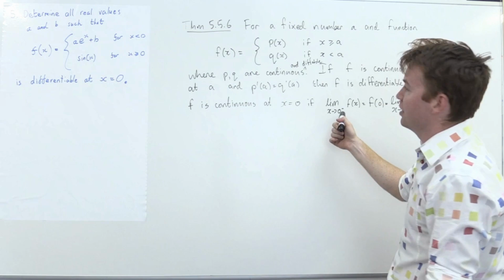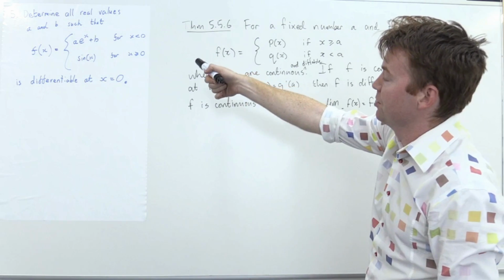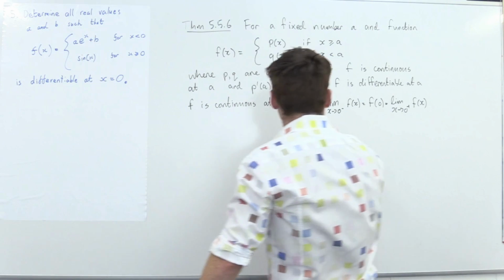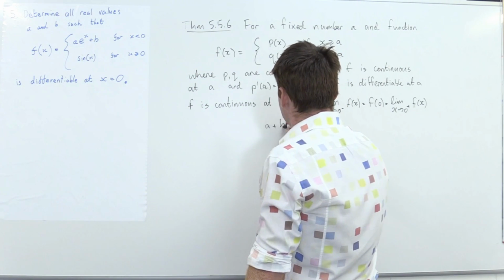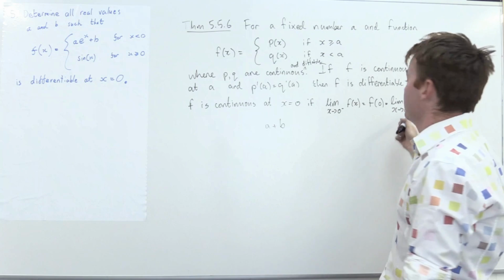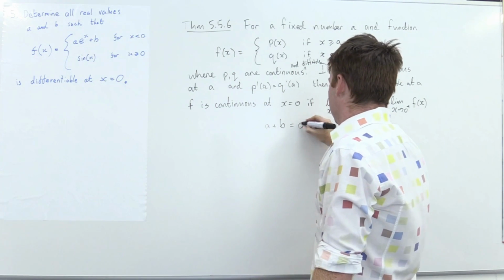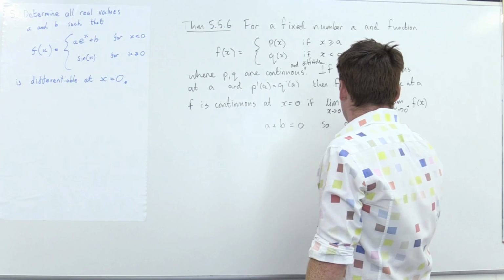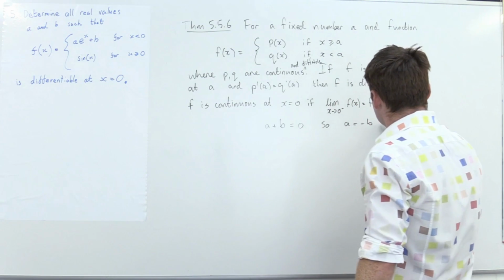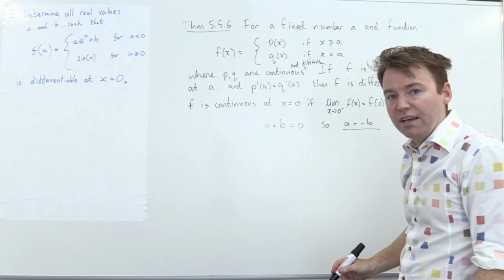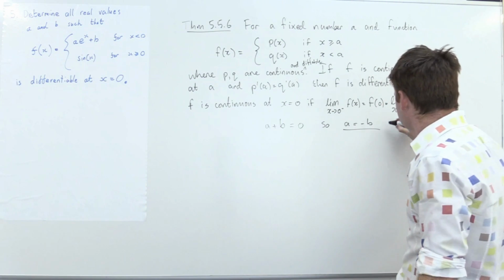With our definition of f, as x goes to 0 from below, this becomes a plus b. And the limit as x goes to 0 from above is sine of 0, which is 0. So this is going to make our function f continuous.